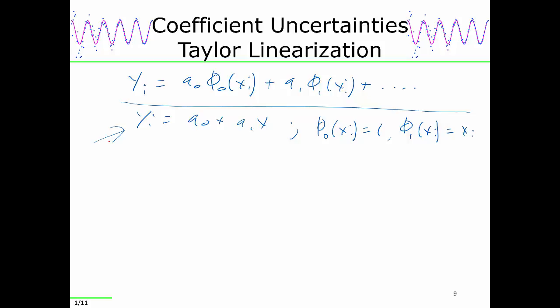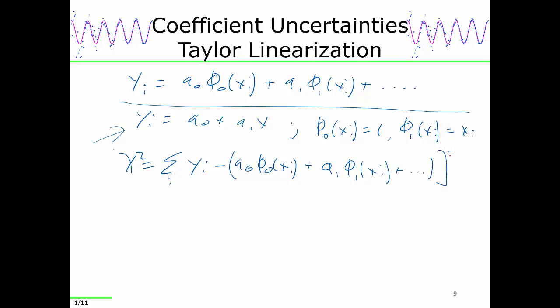Okay, so chi squared is going to be the summation over i of y i minus parentheses a0 phi 0 x sub i plus a1 phi 1 x sub i plus dot dot dot.